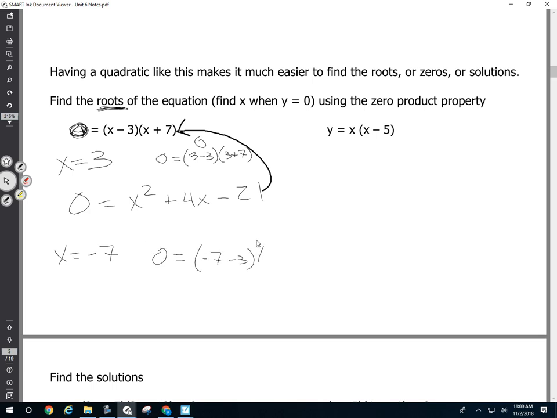I don't really care, because I know I'll have negative 7 plus 7, so that's 0. This is something, this is 0, so this entire thing is 0. So if we have a quadratic in factored form, we can almost just see the answers.